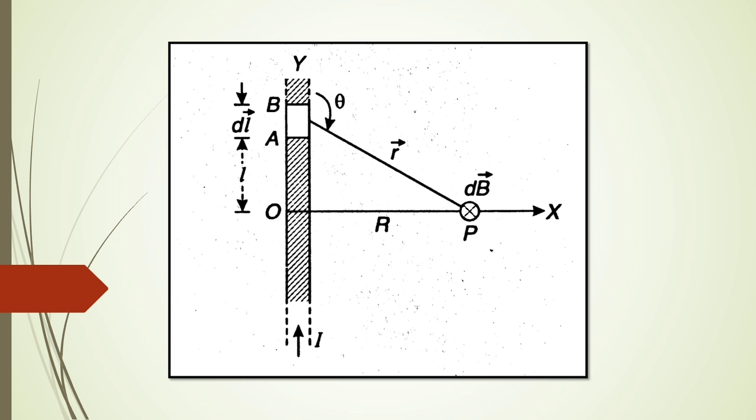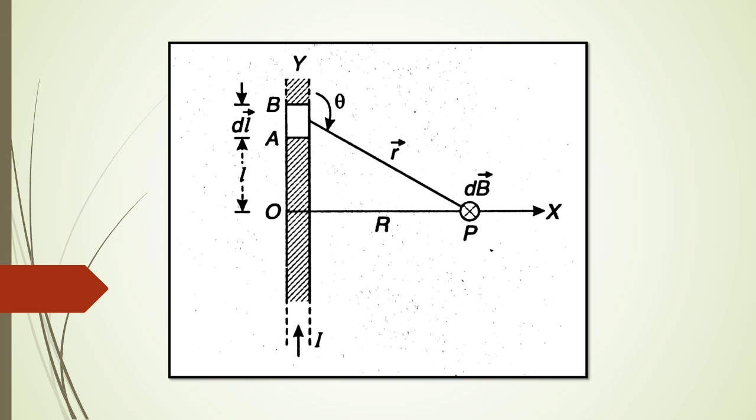Let us assume a small element AB, and the length of the small element is dl, which is at a distance small l from the capital O, and assume that small r is the distance between the point P and the small length element AB.